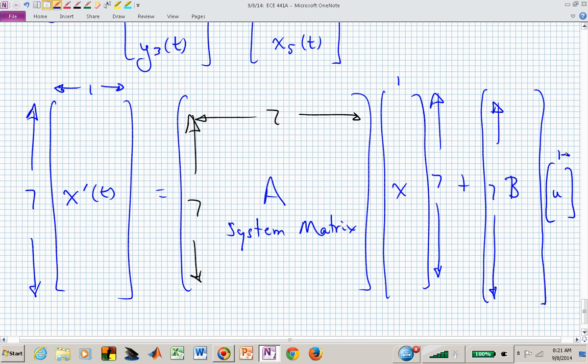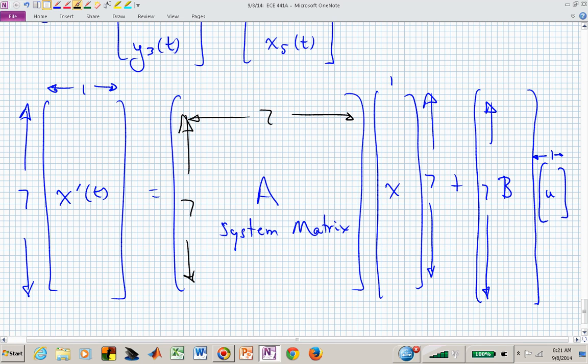My input vector is 1 column wide, but how many individual inputs did we have? We had 2, so we know u is 2 tall, which means that the B matrix is 2 columns wide. Our B matrix is 7 by 2. This is our input matrix.